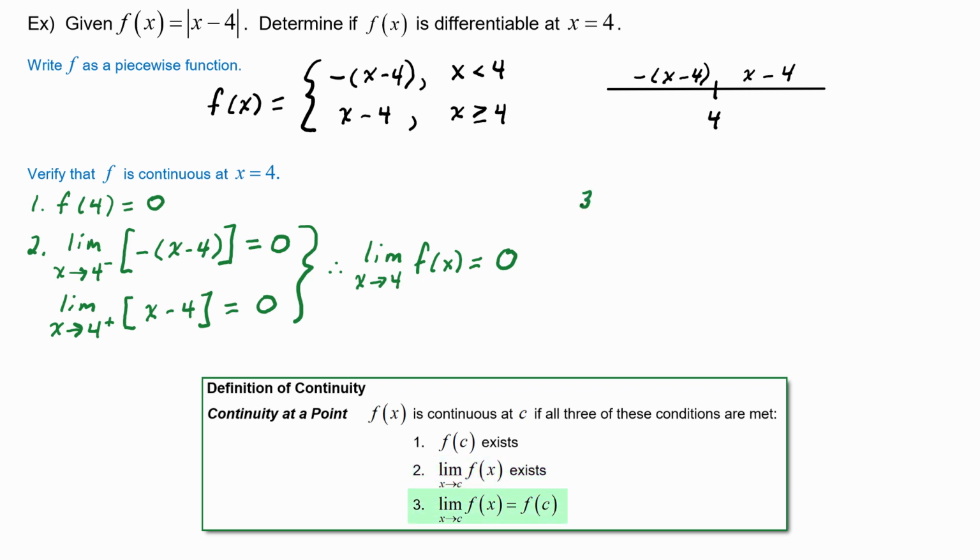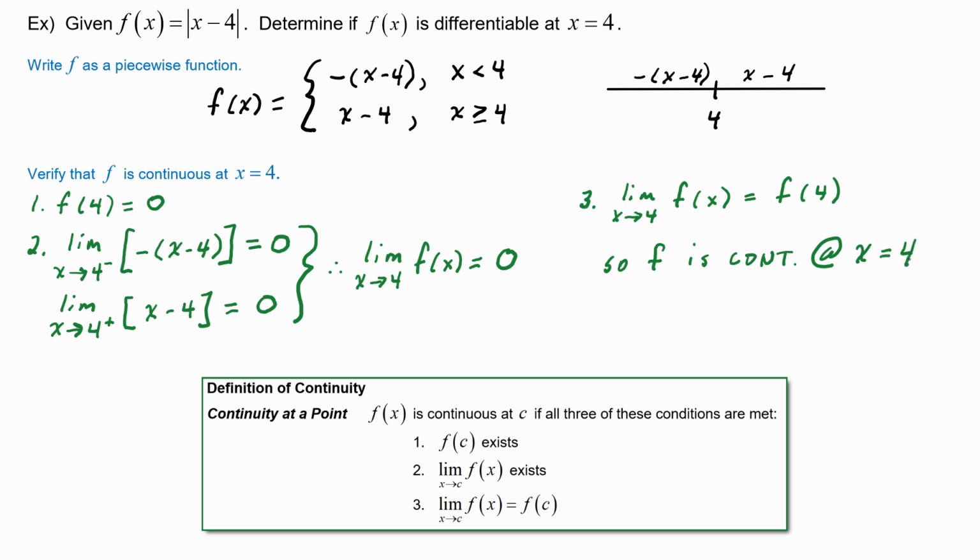Now, step 3 is that the limit has to equal the function value, which it does. The limit as x approaches 4 of f of x is equal to f of 4. So f is continuous at x equals 4.